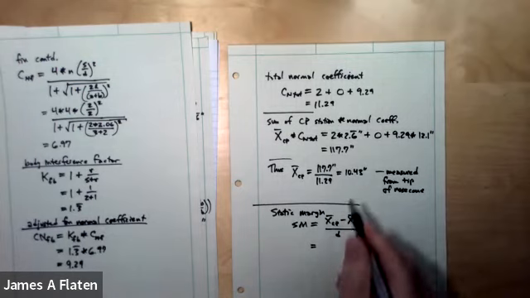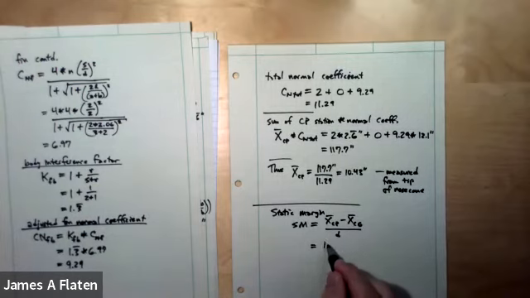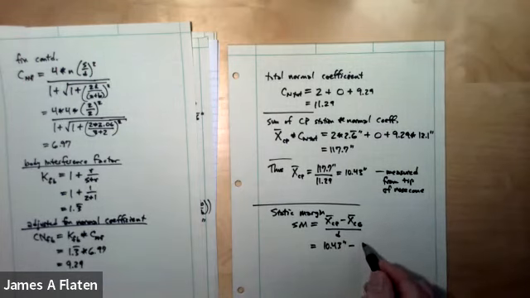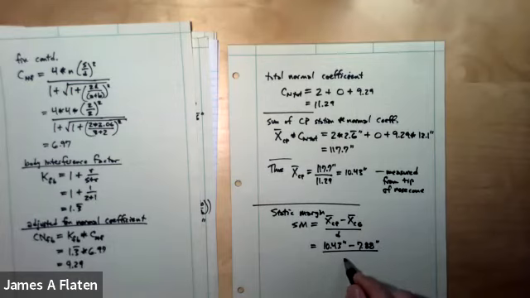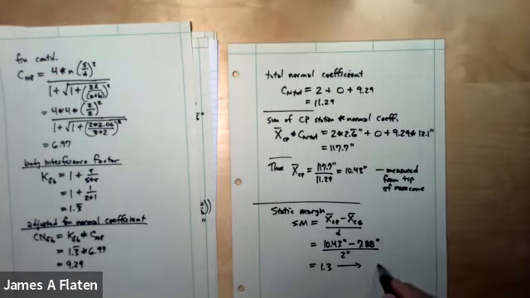So I have 10.43 minus, from my previous page, 7.88, divided by 2 inches, equals 1.3. That's good. So this would be considered stable.